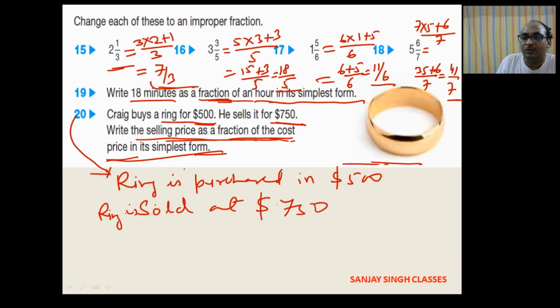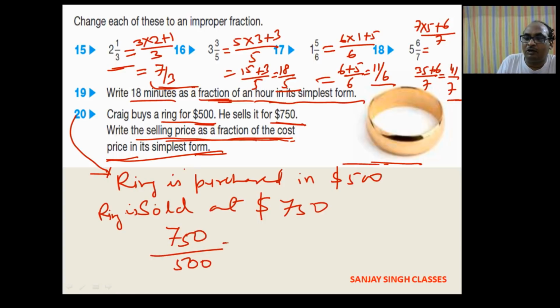Okay, so here we need not go for subtraction and we need not find any type of profit. What it says is, write the selling price as a fraction of the cost price in its simplest form. So the selling price is $750 and the cost price is $500.